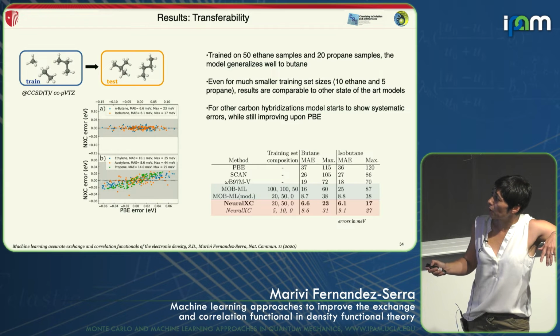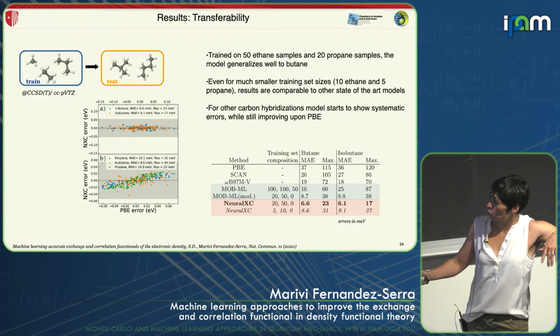And what we are looking at is how it performs on molecules, on butane and isobutane molecules, that were not used in the training set. You see here the mean absolute error is 6.6 meV, basically this number in here.